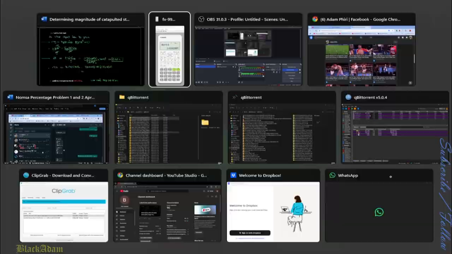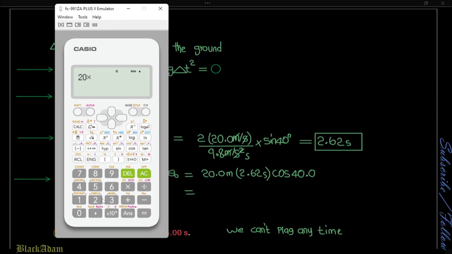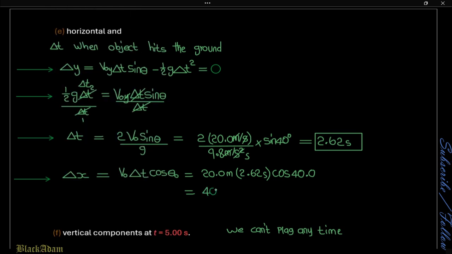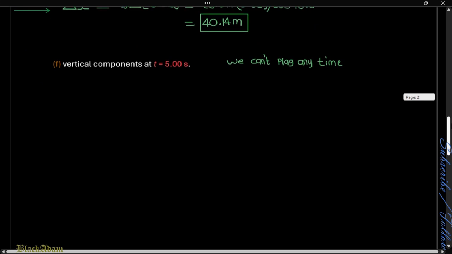Using a calculator, that gives us 40.14 meters as our final answer, the horizontal distance covered.